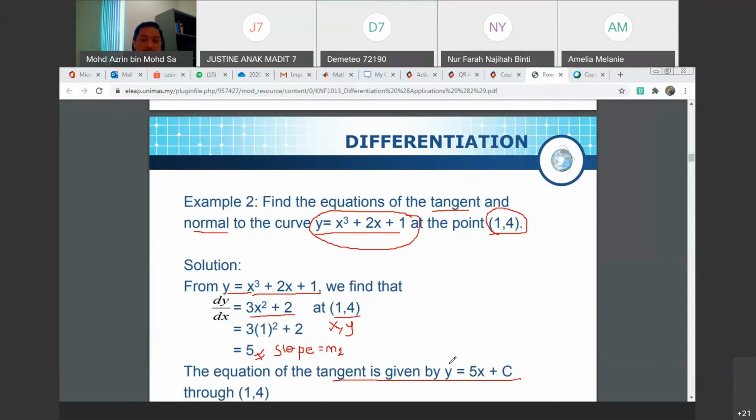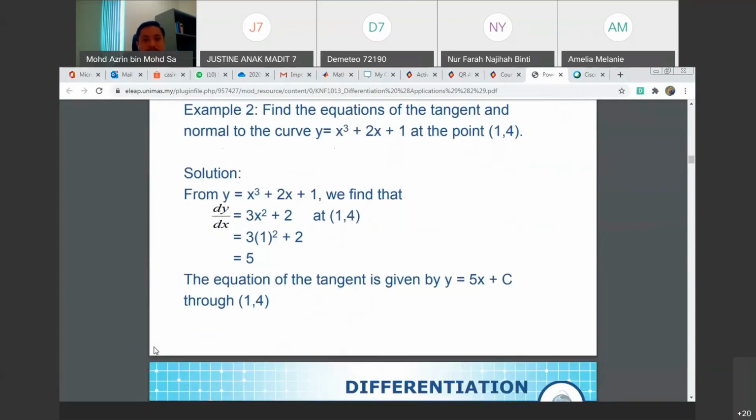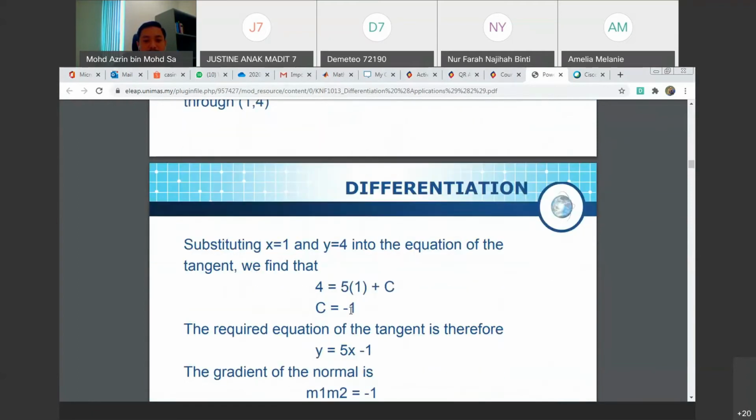When you insert y and x, you will get c equal to 4 minus 5 times 1, which is negative 1.